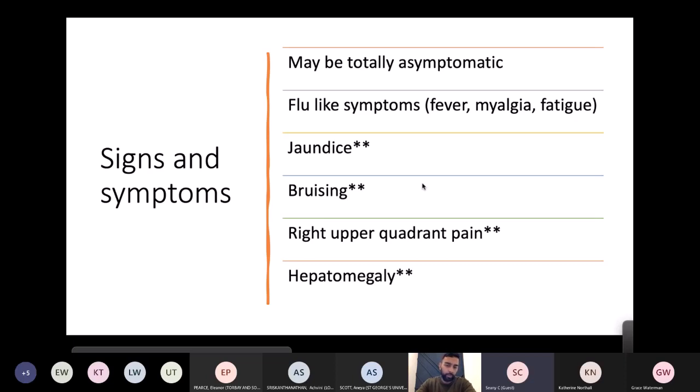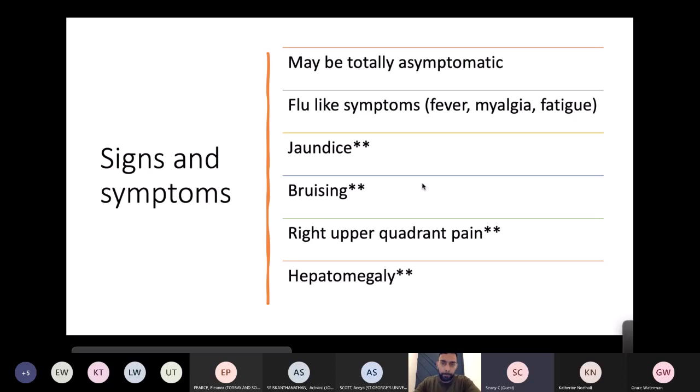And you can also get hepatomegaly, which is an increase in size of the liver. If you've done your abdominal exams, you're meant to check for hepatomegaly and splenomegaly. It may be placed in a question where the tip of the liver edge is palpable 3 or 4 centimeters below the ribs. That's referring to hepatomegaly.